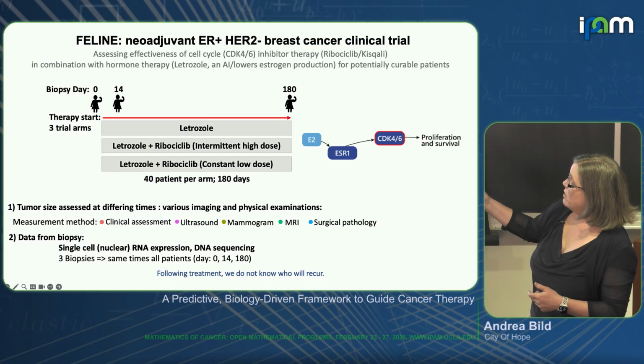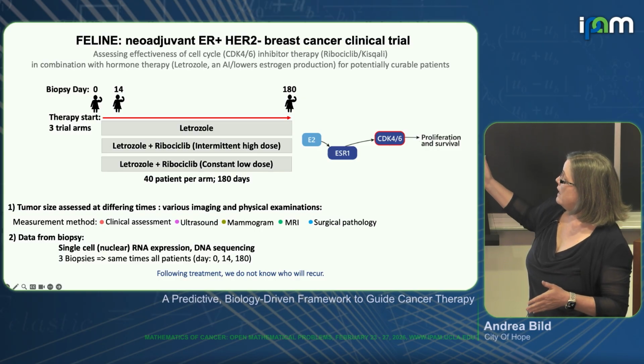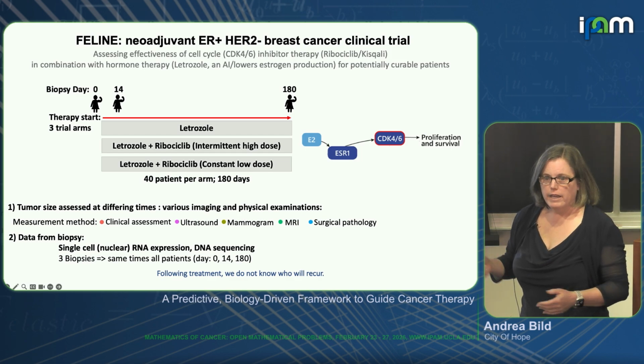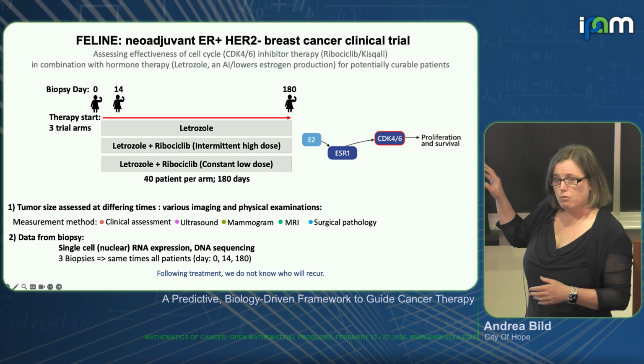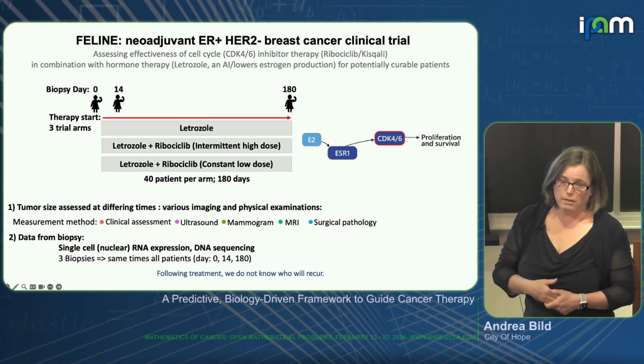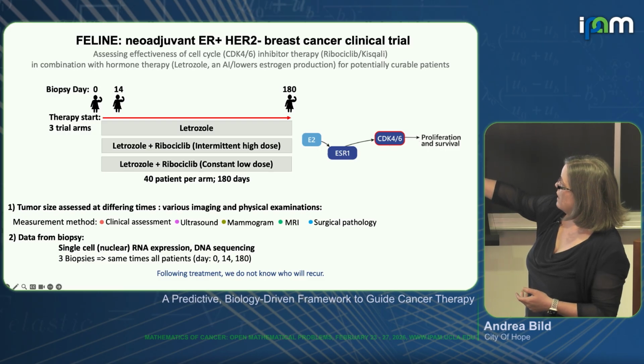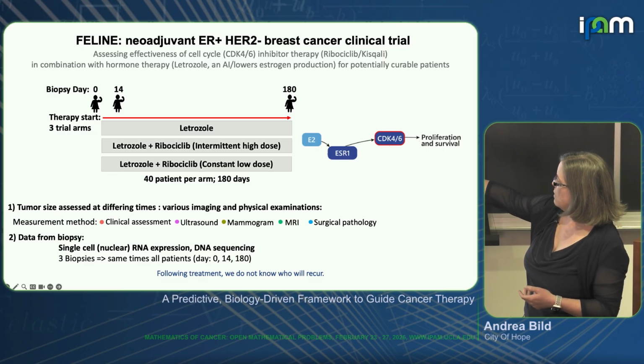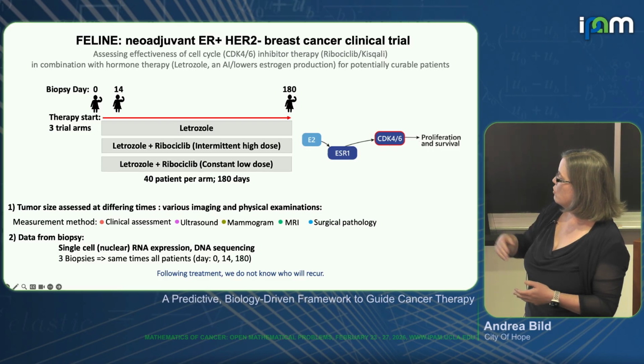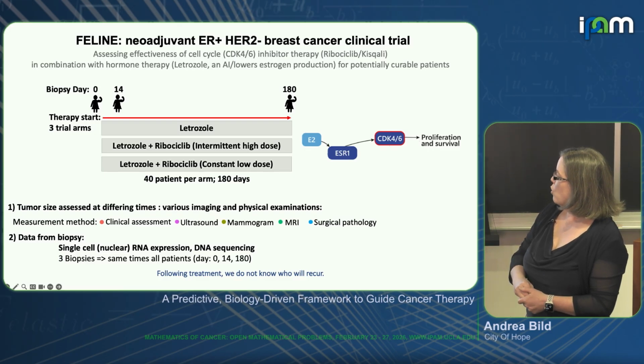They would then, at day 14, get a repeat biopsy, and then at end of treatment, after 6 months, they'd again get another biopsy. At the same time, we're getting biopsies for molecular data, which I'll be talking about today, single-cell RNA sequencing data. They're also getting clinical measurements, some of those shown down below, to understand if a tumor is growing or responding during therapy.